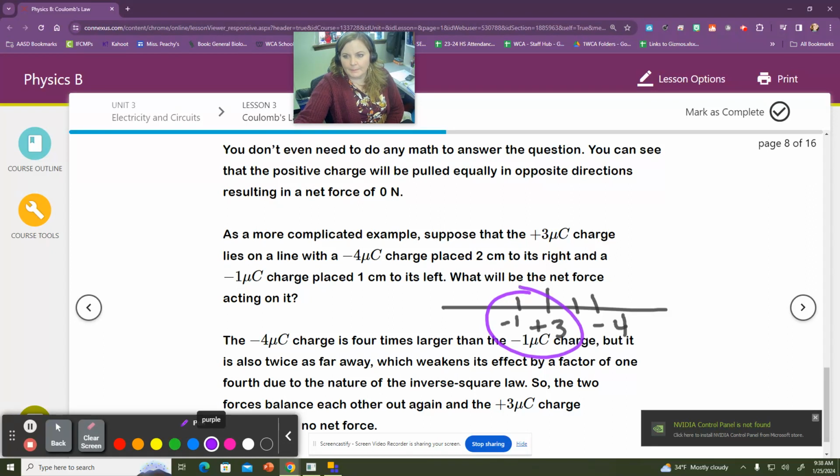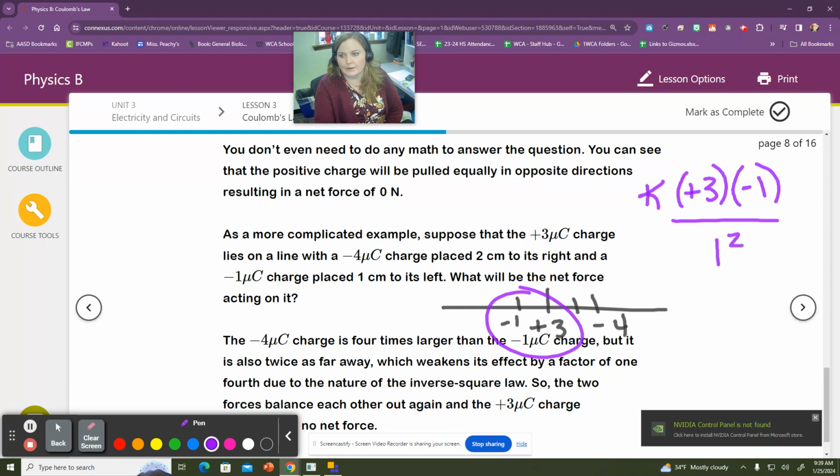So I'm just going to write part of Coulomb's law. I'm not even going to worry about K, because K is going to stay the same regardless, so we don't even have to deal with it. So charge 1 is +3, charge 2 is -1, the distance between them is 1 squared.